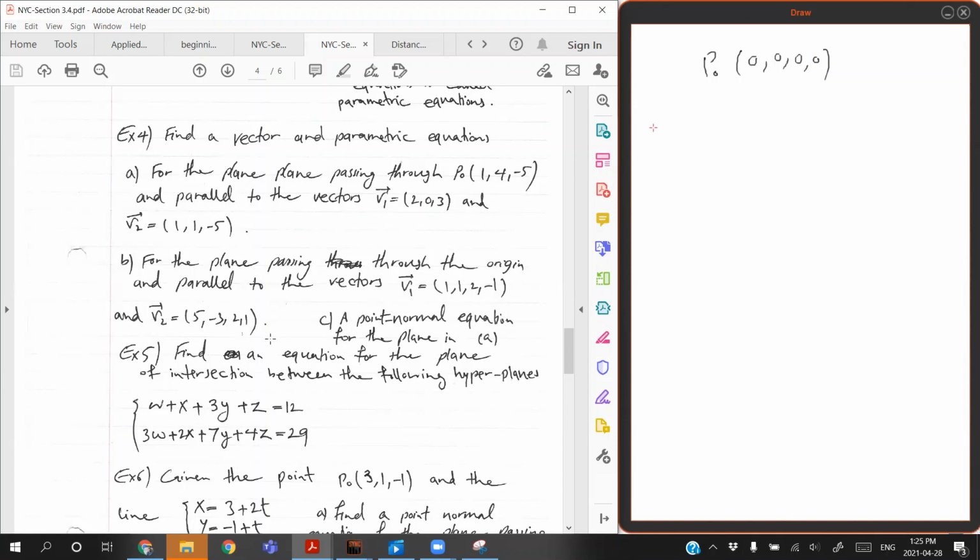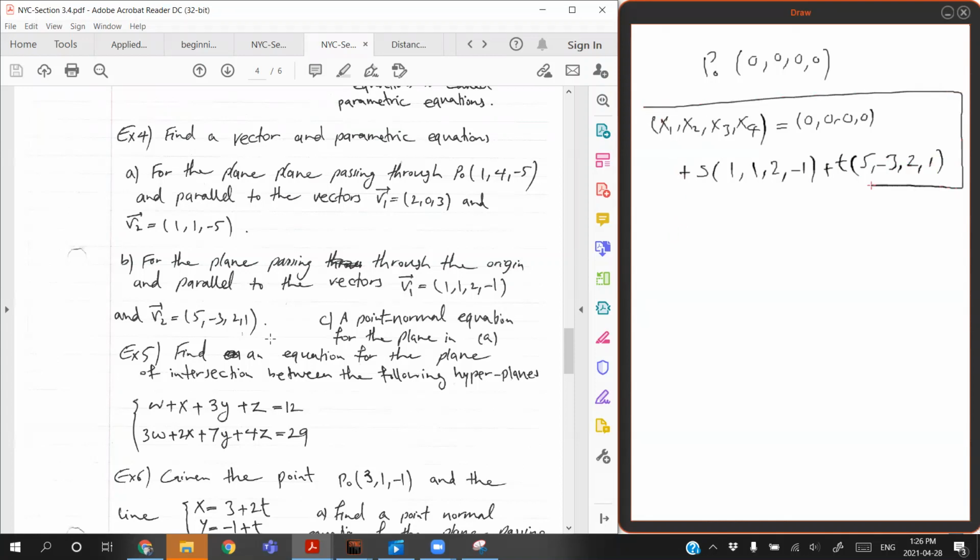So I can write that (x1, x2, x3, x4), because it's the 4-dimensional space, is P0, which is going to be the origin, plus s times the first vector, (1, 1, 2, -1), plus t times the second vector, (5, -3, 2, 1). This would be the vector equation.